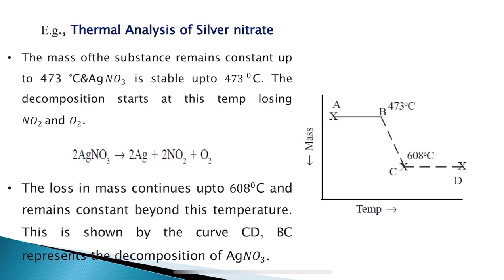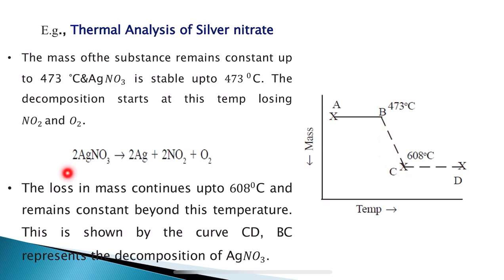So, the mass remains constant up to 473 degree centigrade, indicating that AgNO3 is stable up to 473 degree centigrade. At 473 degree centigrade, it starts losing its mass. Okay. So, this infers that the decomposition starts at this temperature, losing NO2.